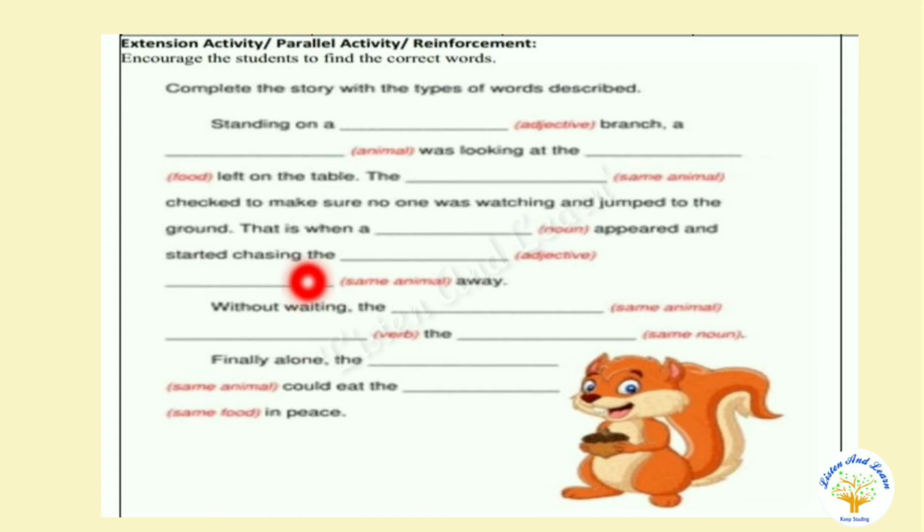Means you can say the poor creature, the frightened one, like that. Same animal. Mention once again the squirrel ran away without waiting. The dog or the cat, you have to make use of verb. Means couldn't do anything. The dog went away.